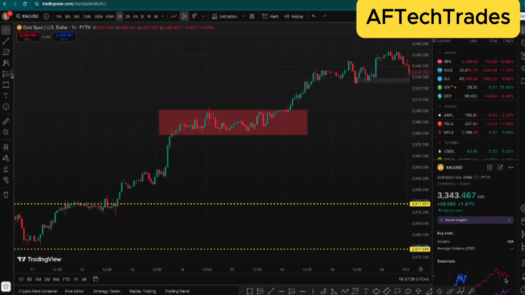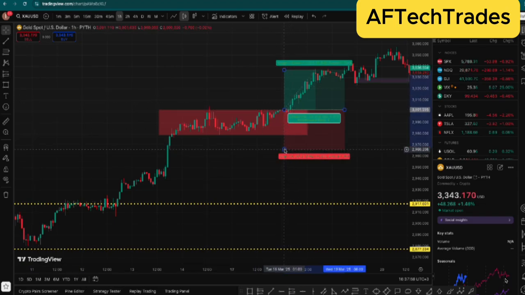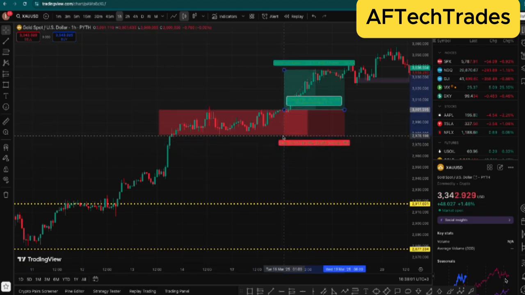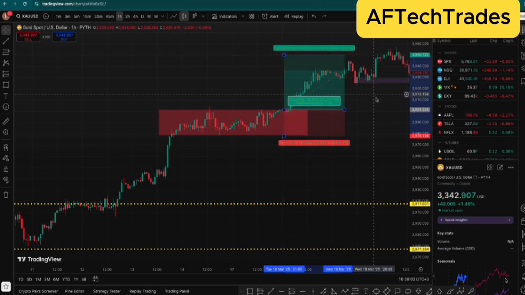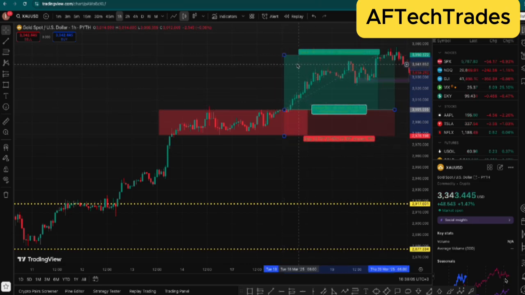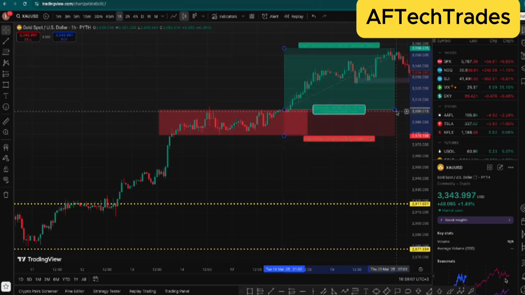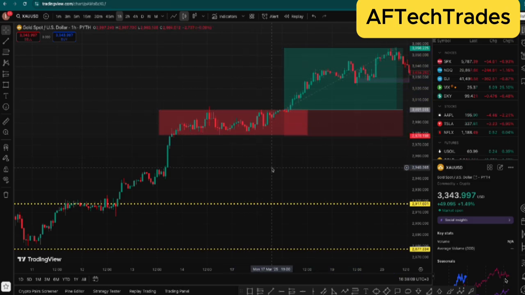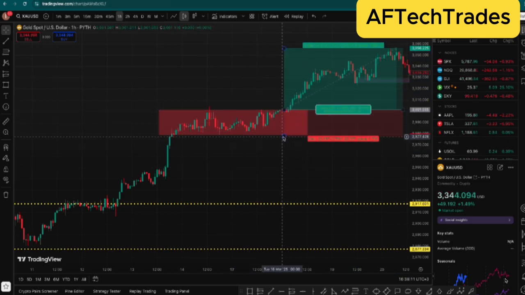Then you take a long position. That is if you are trading the rally-based rally strategy. I hope you get this. You see how the market reacted, and it will definitely hit your TP. And don't forget, stop loss is a must for you to manage your risks. Your stop loss, I said, will be below the zone.